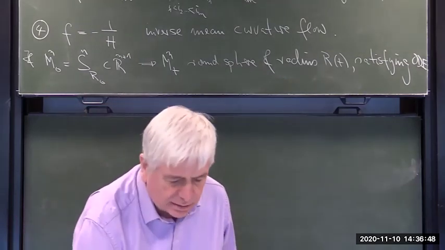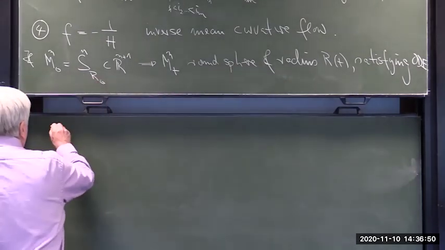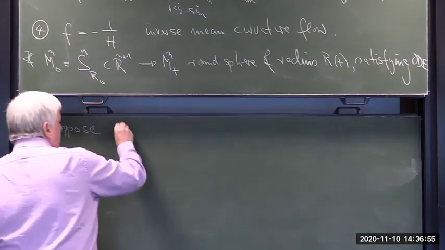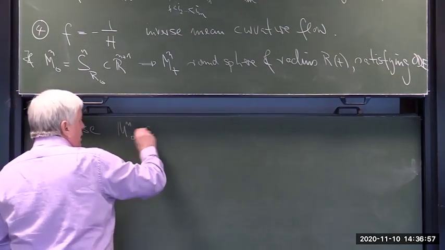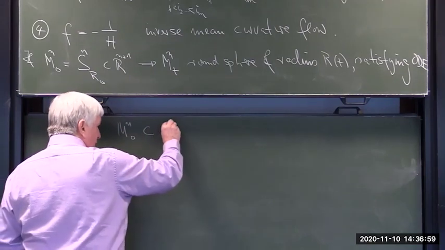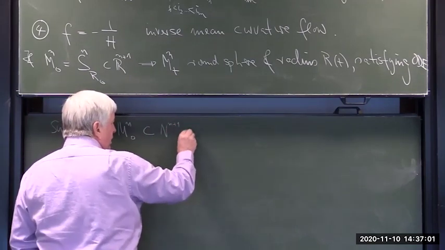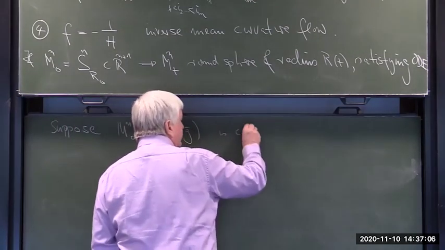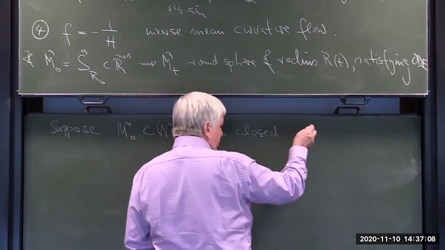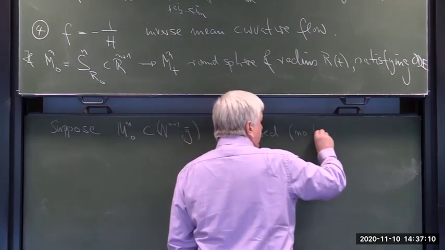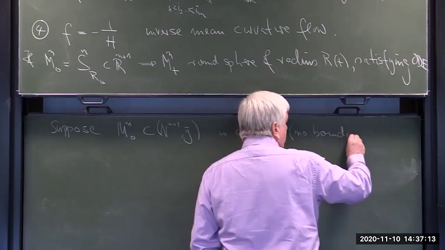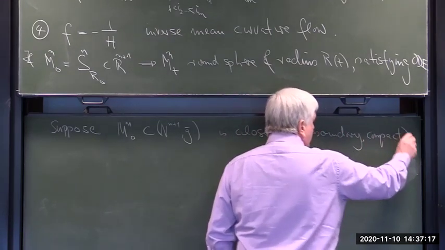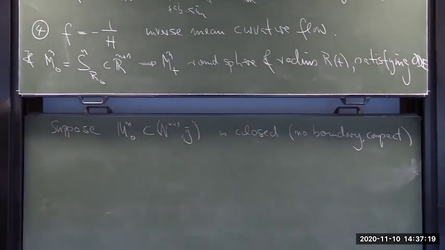So the simplest setup, suppose the initial hypersurface contained in an (n+1)-dimensional ambient manifold g bar is closed, which means no boundary, compact, sphere, torus, and smooth.